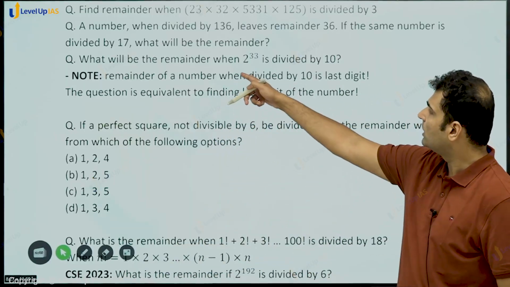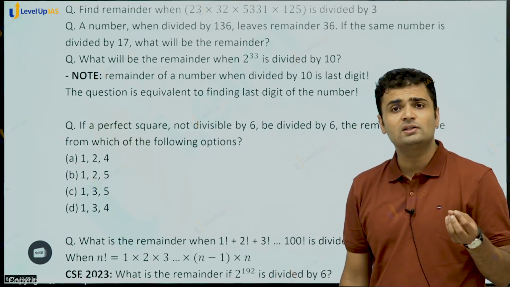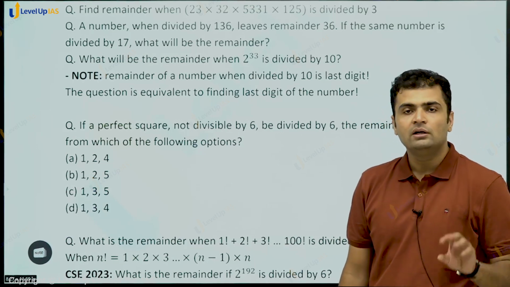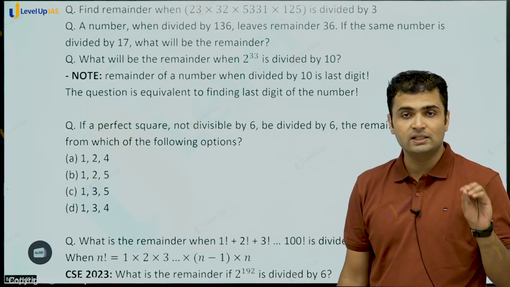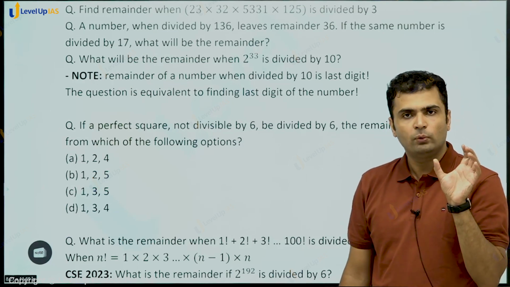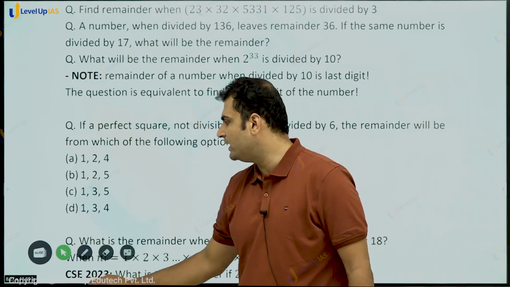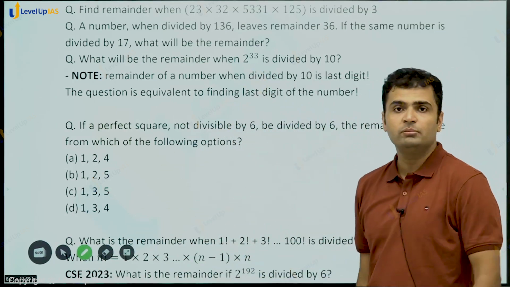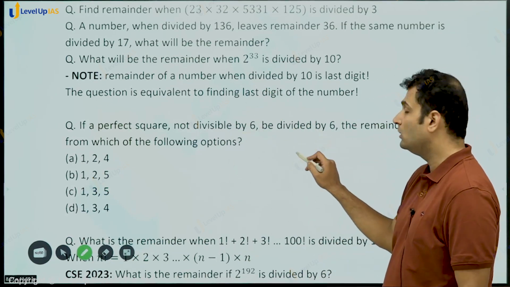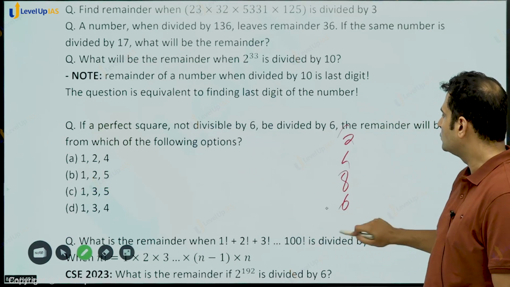तो क्वेश्चन देखो, रिमाइंडर व्हेन दिस 2 raised to 33 is divided by 10, मतलब क्या है? यूनिट्स प्लेस निकालने को बोल रहा है, बिकॉज रिमाइंडर व्हेन डिवाइडेड बाय 10 इज नथिंग बट द यूनिट्स प्लेस. जब हम किसी भी चीज को 10 से डिवाइड करते हैं तो जो यूनिट्स प्लेस है वही जो डिजिट है वो होता है हमारा रिमाइंडर. तो बेसिकली क्वेश्चन इज फाइंडिंग आउट यूनिट्स प्लेस ऑफ 2 raised to 33. हमने कल ही देखा, units places of powers of 2 repeat like this, 2, 4, 8, 6. तो हमें क्या देखना है?